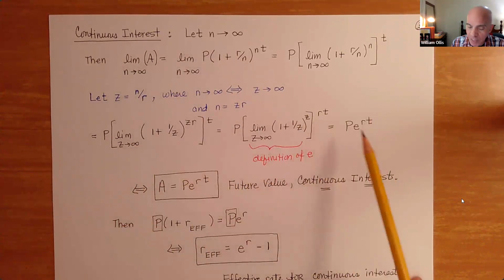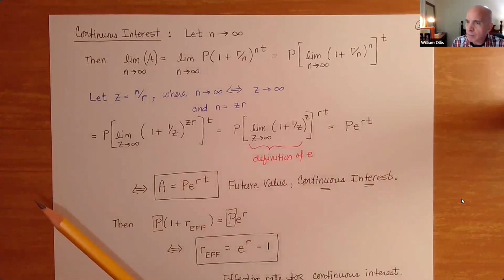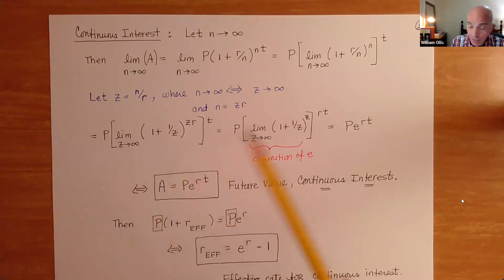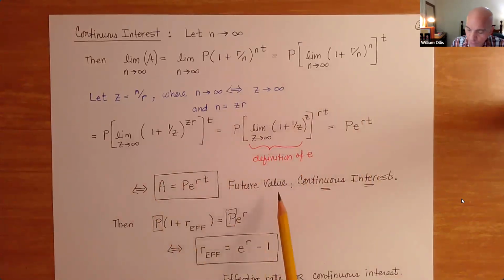So we get a very simple formula, much simpler than the formula we started with. So now we can see the future value, or the amount, when we have continuous interest, in this particular case, is now Pe to the rt. Sometimes you can think of PERT as a way to remember that.